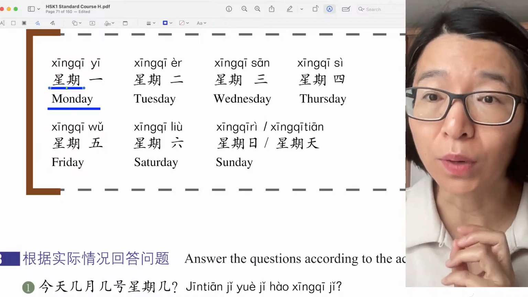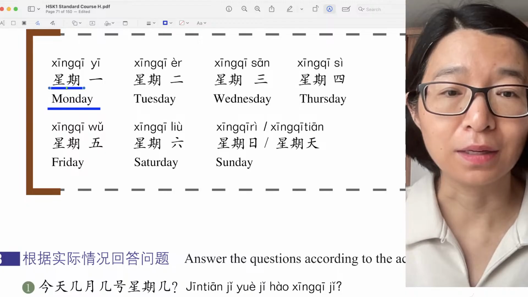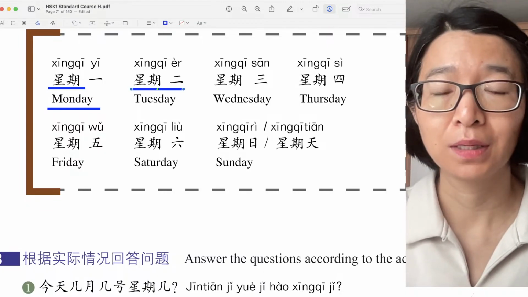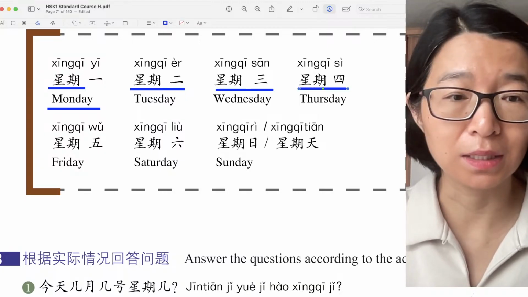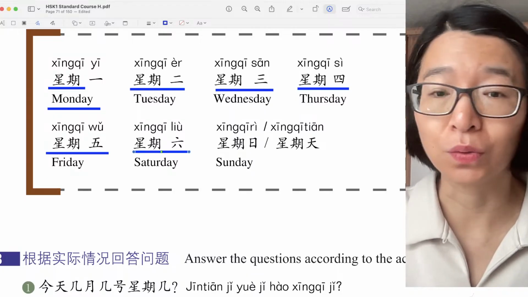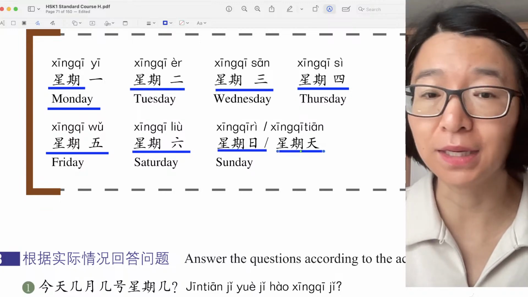Okay, first day of a week. That is Monday. And then you can say 星期二, 星期三, 星期四, 星期五, 星期六, 星期日, or 星期天.